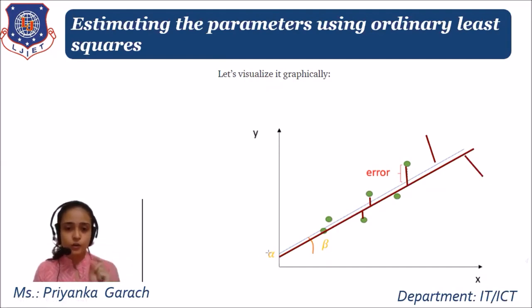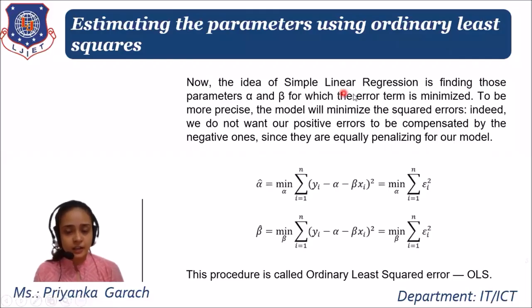For that line, you have to estimate the values of alpha and beta. They are telling over here that the idea of simple linear regression is finding those parameters, alpha and beta, for which the error term is minimized. To be more precise, the model will minimize the squared errors.